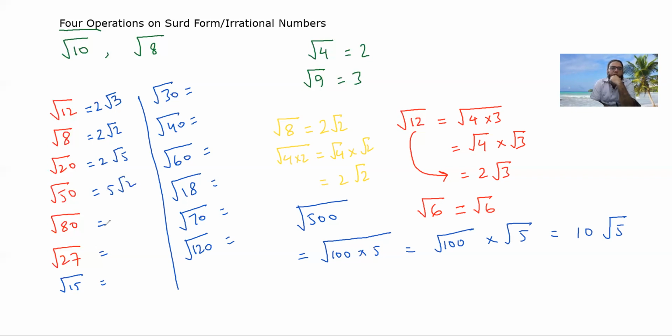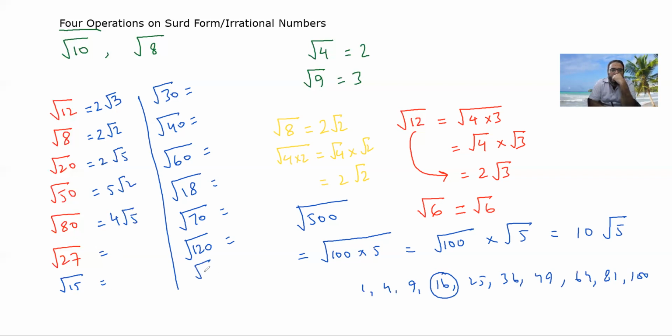And this 80, just remember these squares in your mind: 1, 4, 9, 16, 25, 36, 49, 64, 81, and 100. So you see that 16 fives are 80, so this is going to be 4 under root 5. And 27: 9 threes are 27, so this is 3 under root 3.